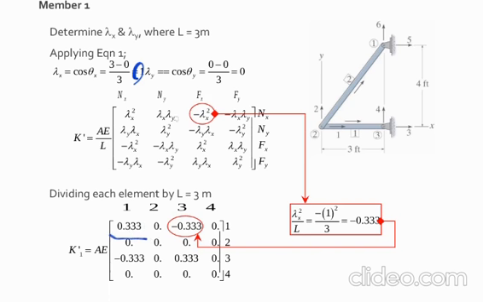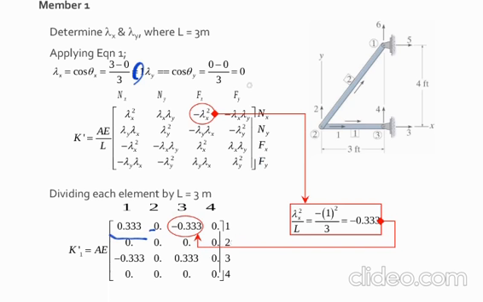and lambda x and lambda y. That means lambda x is 1, and lambda y is 0, so it will be 0. Lambda x minus lambda x square will be minus 0.333.